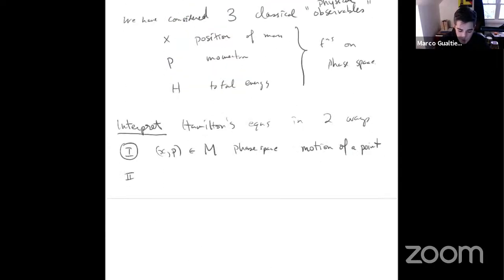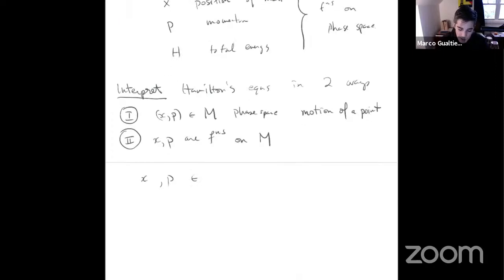The second way of thinking is that x and p are functions on phase space. Therefore, x and p are actually elements, as well as h, of the space of functions, which itself is a vector space.